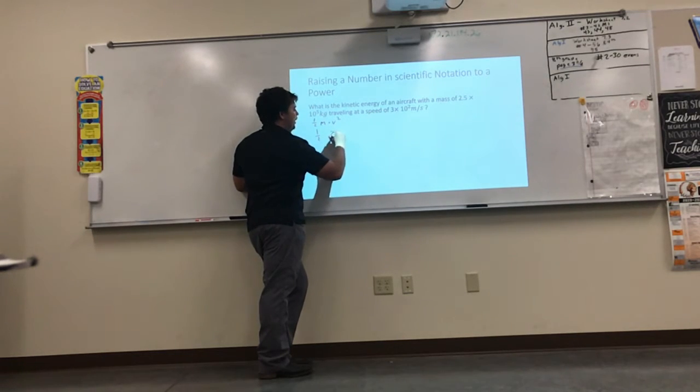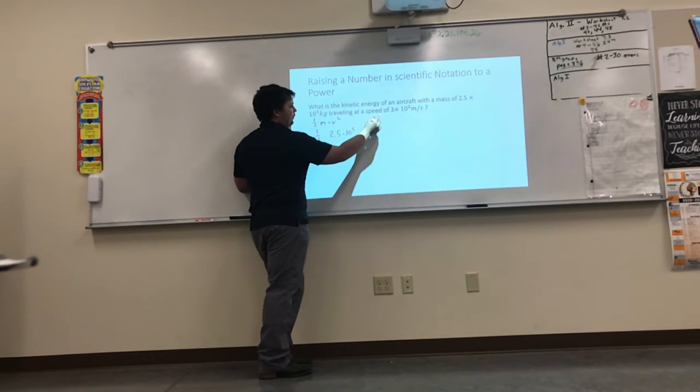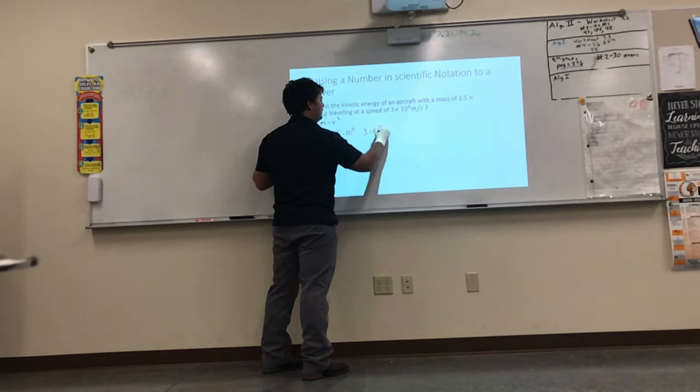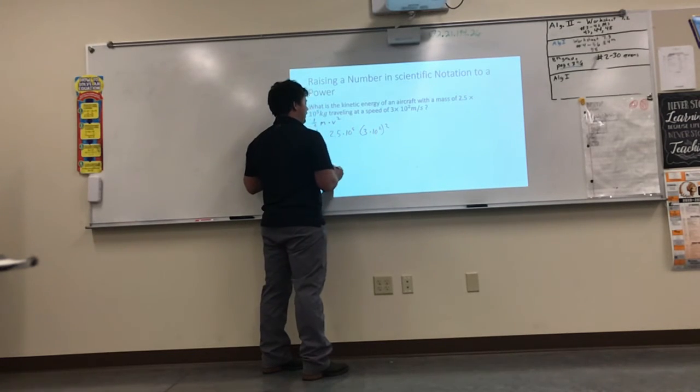My mass is 2.5 times 10 to the 5th. That's what m represents. So I'm going to sub that in for m. V is going to represent our speed, which is 3 times 10 to the second. Alright? And that was squared.